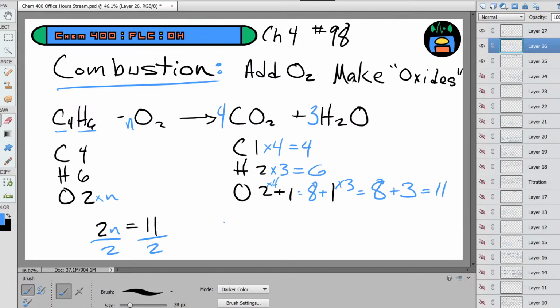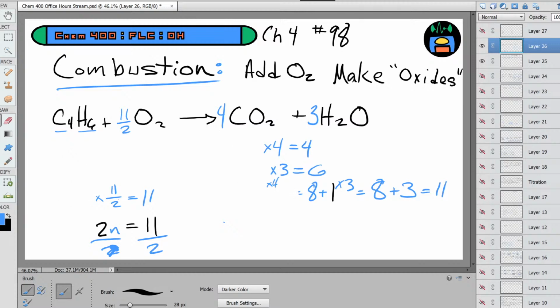That number is 11 over 2. So this is the balanced chemical equation.